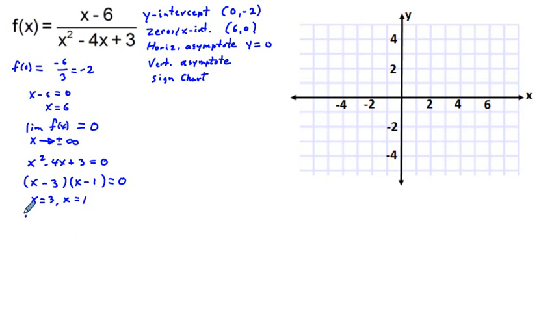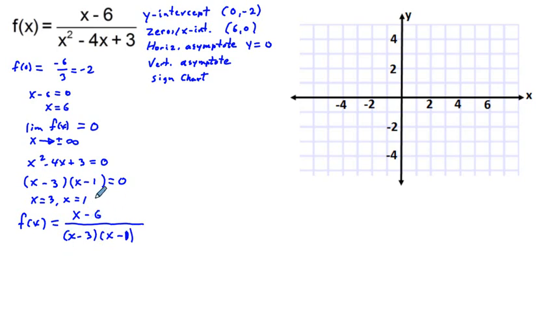And if we rewrite this expression down here, our function has the denominator in factored form, which is, again, quantity x minus 3 times quantity x minus 1. Do we have any cancellations here? Do we have the same thing that we can cross out from x minus 6 in the numerator?